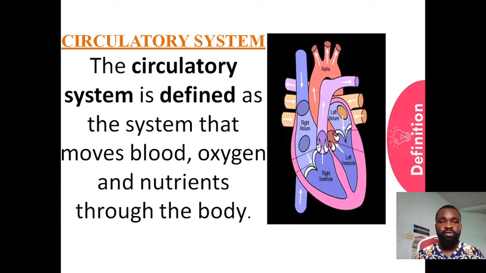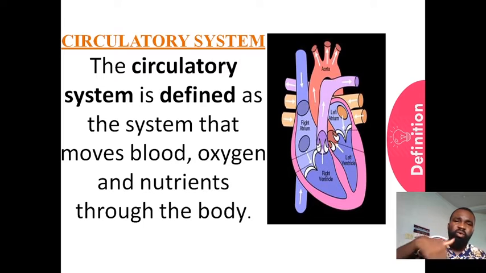The circulatory system is defined as the system that moves blood, oxygen, and nutrients through the body. Very simple. From the word circulation, we have circulatory, or from the word circulate. What does it mean for something to circulate?